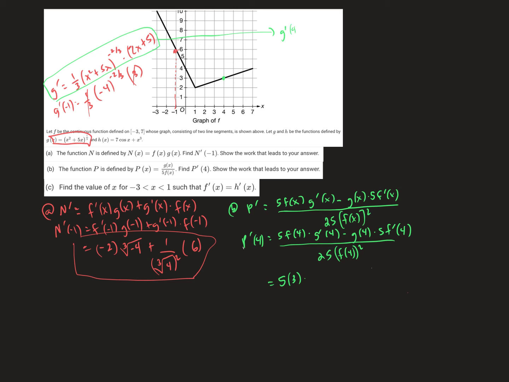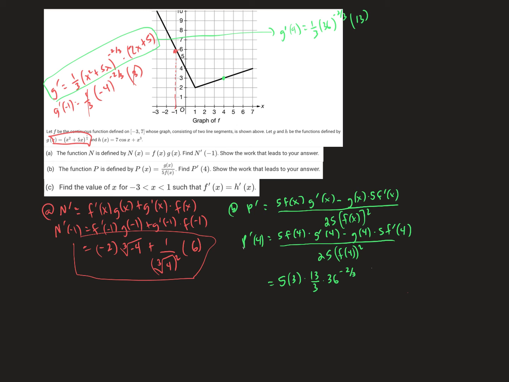So g prime of 4 is going to be 1/3 times 16 plus 20, which is 36, to the negative 2/3 power, times 2 times 4, which is 8 plus 13. That's lovely. So 13/3 times 36 to the negative 2/3 power.